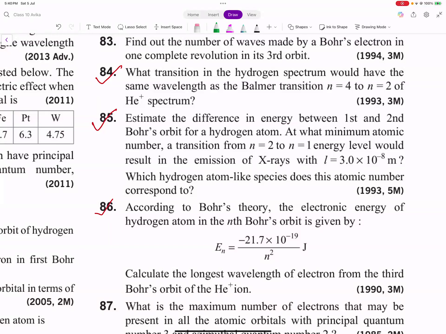It should be 30, right? Yeah, 30 nanometers. So what is the delta E corresponding to this?